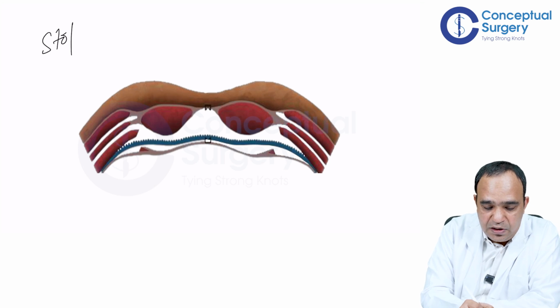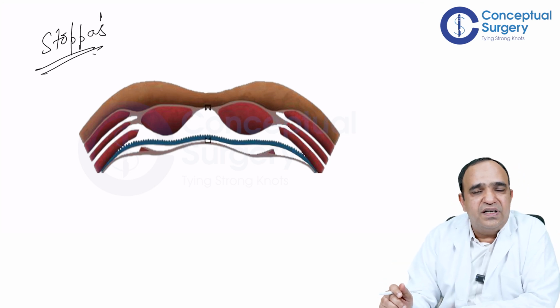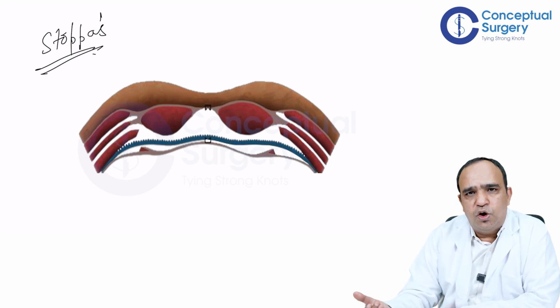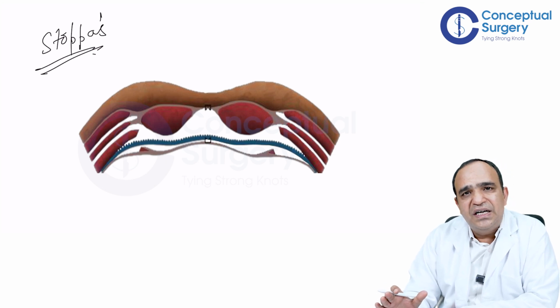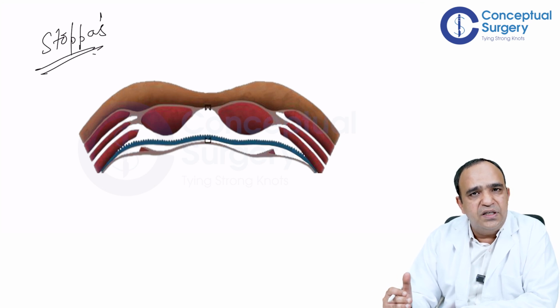This is Stoppa's. Old examiners are still very fond of asking about Stoppa's. Nowadays, after laparoscopic repairs and Lichtenstein's, I haven't seen anyone doing Stoppa's in the last many years. It was an old technique from the 80s, 90s and early 2000s, when laparoscopic repairs were not very popular.